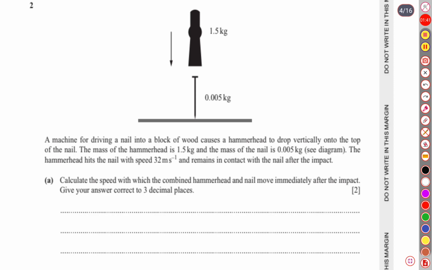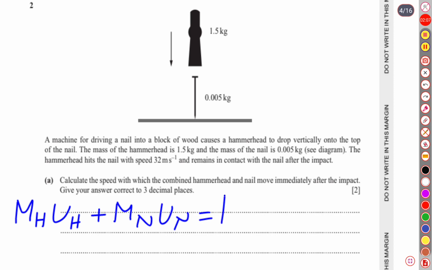So conservation of momentum is: mass of particle A or H. We can write the hammerhead: mass of hammerhead into initial velocity of hammerhead, plus the other object, mass of nail into initial velocity of nail, is equal to, that initial means just before hitting the nail, then mass of hammerhead into final velocity, and totally it coalesces.